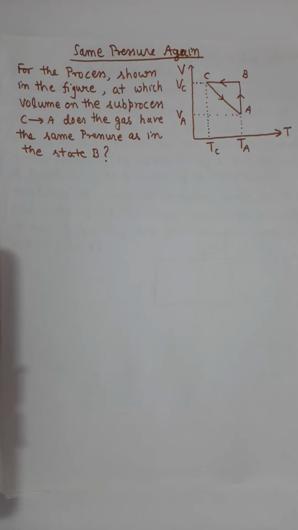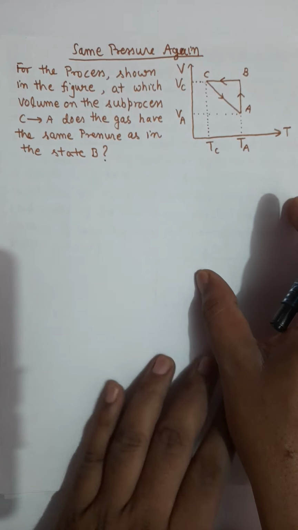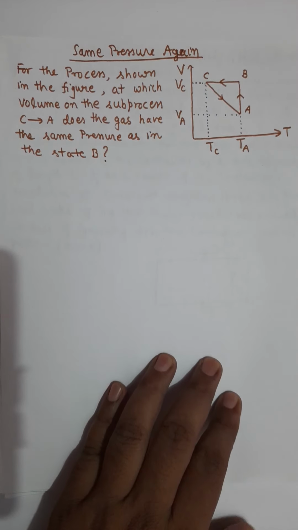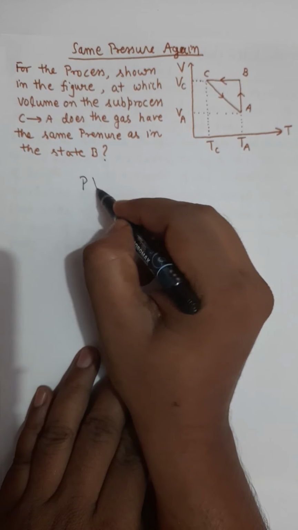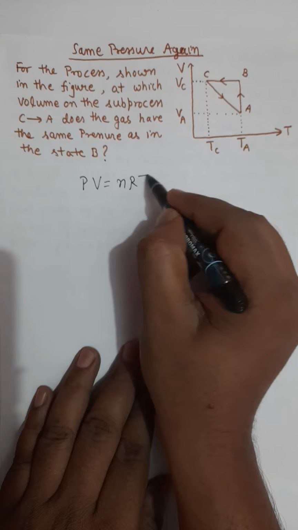Now it's a very simple question. From the ideal gas equation, we all know that PV equals nRT.